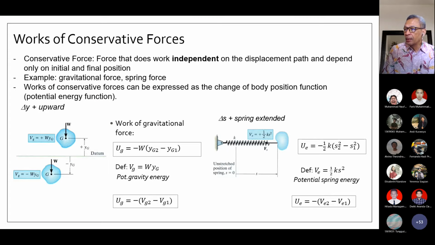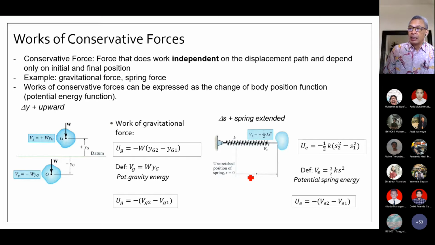Nah, sebetulnya prinsip yang tadi itu sudah oke. Anda punya energi kinetik pada saat awal, ditambah kerja oleh semua gaya luar selama benda berpindah, itu akan sama dengan energi kinetik pada posisi kedua. Tapi di sini orang kemudian ingin memisahkan gaya-gaya itu, karena ada macam-macam jenisnya. Ada gaya konservatif, yaitu gaya yang melakukan kerja yang besarnya hanya tergantung pada posisi awal dan posisi akhir.